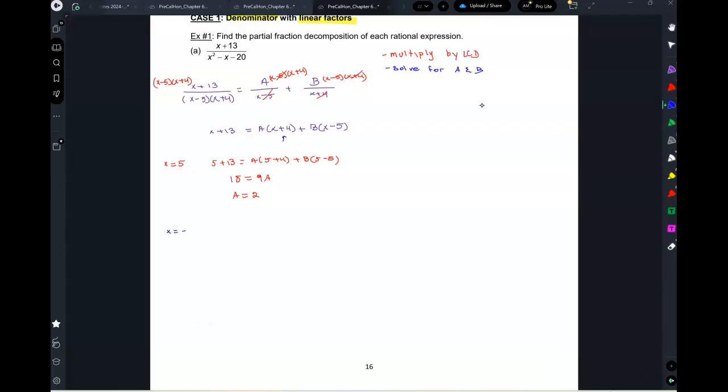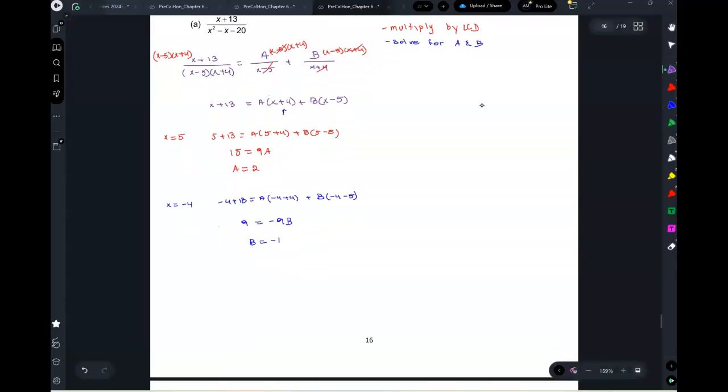Okay, next. Let's look at what makes this parenthesis 0. Well, that's if x equals negative 4. So negative 4 plus 13 equals A times negative 4 plus 4 plus B times negative 4 minus 5. So here I get 9 is equal to 0 minus 9B. So B is equal to negative 1. Okay, there we have it.